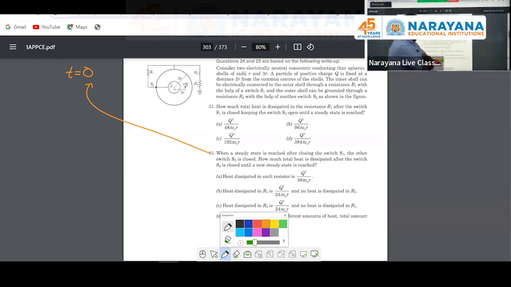So draw that state and try to find out the heat which is dissipated in both the resistors. Calculate it. Let's see.